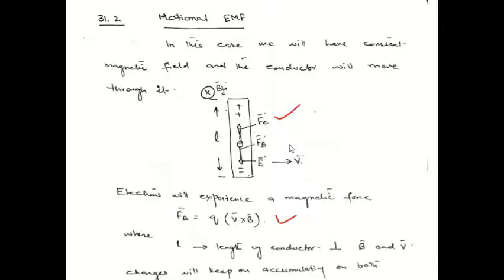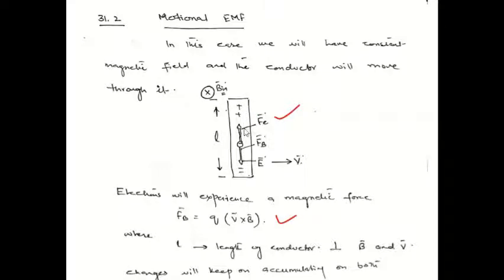Under the effect of this magnetic force, the electrons move to the lower side of the conductor. All the electrons start accumulating at the lower side, and the positive charges start accumulating at the top of the conductor.